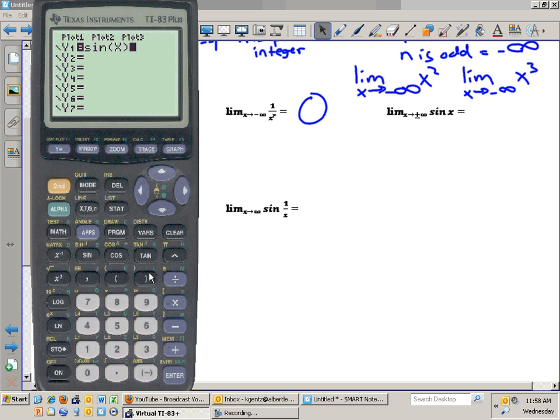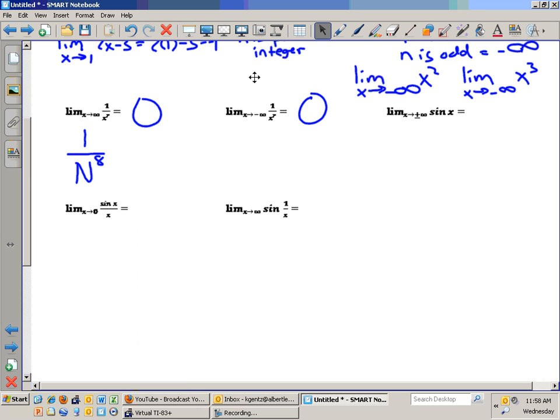If I look at this graph and I change my window to -2 and +2 so I get a better view of this thing, think about this. As I approach positive infinity, is this graph ever going to approach a single number? It's always going to oscillate back and forth between -1 and +1, so it does not exist.